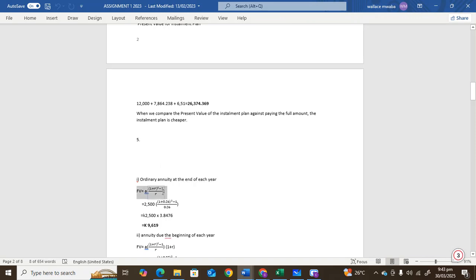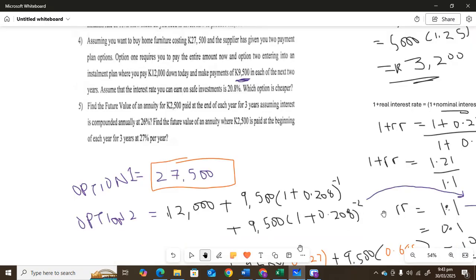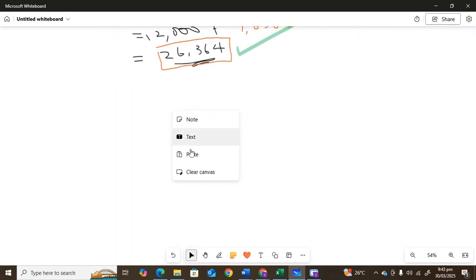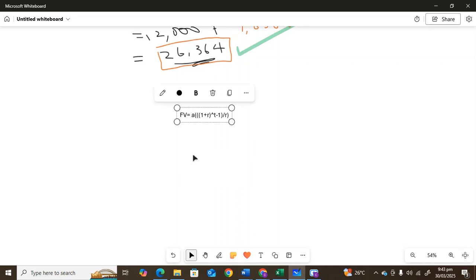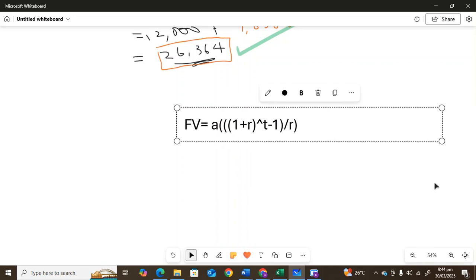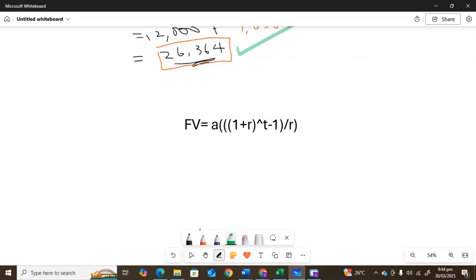What is the difference between the two? What is the difference between an ordinary annuity and an annuity due?